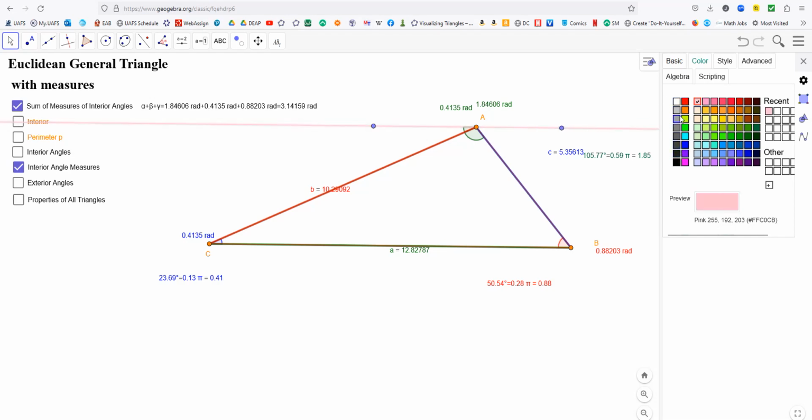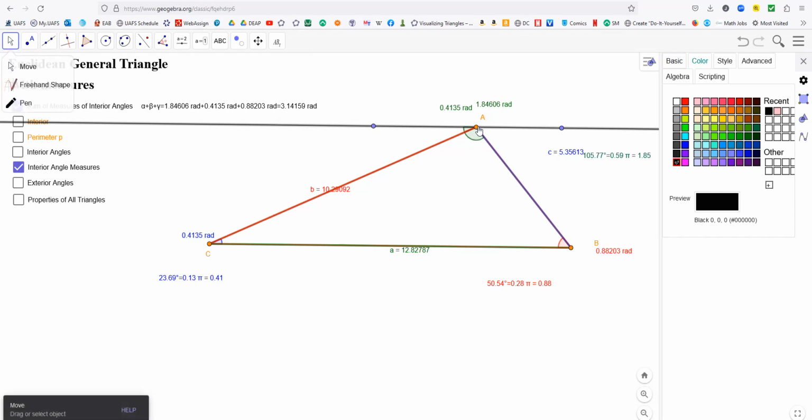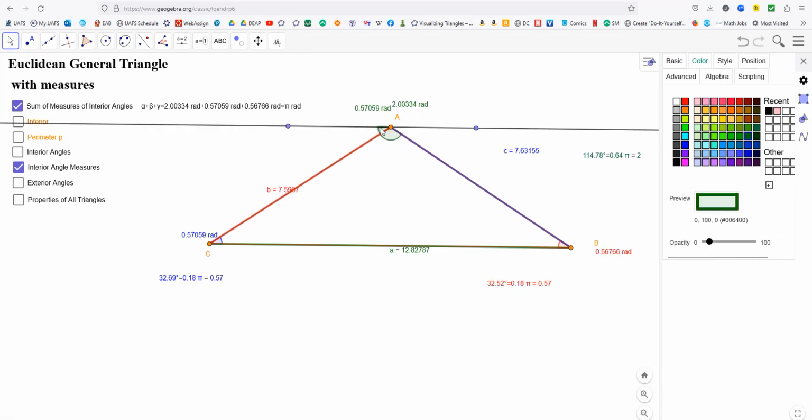Whoops, didn't mean to do that. I want to select this angle measure marker. And notice that red angle there is the same measure as that.